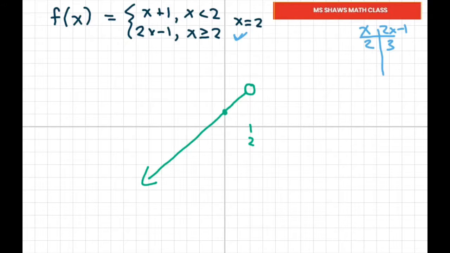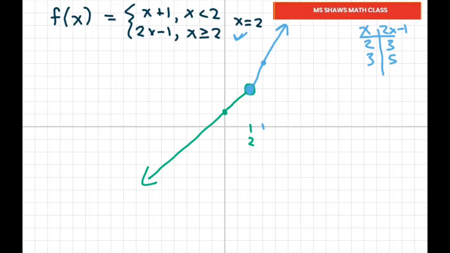Closed circle overrides open circle. Then from there, let's plug in 3. The slope is 2, so 3 goes to 5. And you know it's a straight line, so that's basically all you have to do. And there's where it shows that it's continuous.